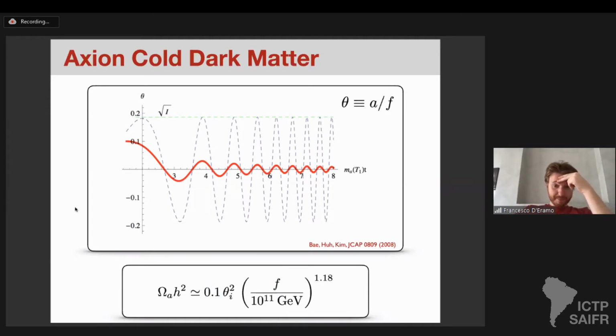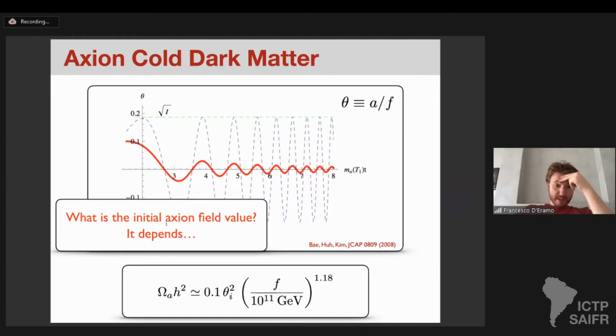Okay. So now the next question is, we know that F is some energy scale, more or less, and it's the scale where Peccei-Quinn breaking happens. But what do we put here for the initial field value? And the answer is that it depends.